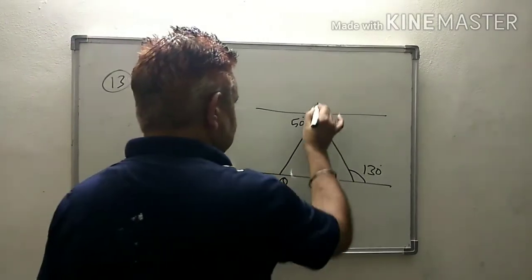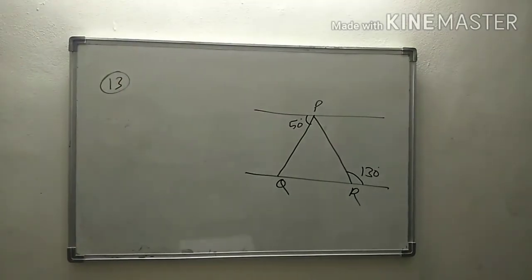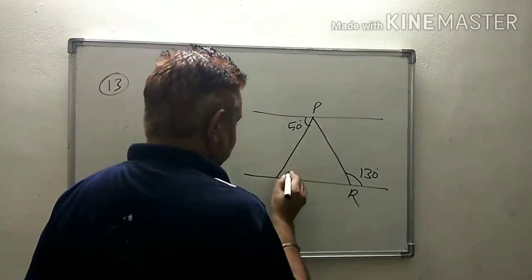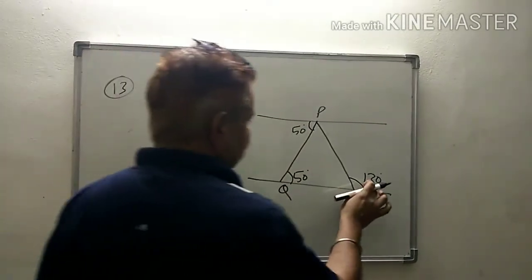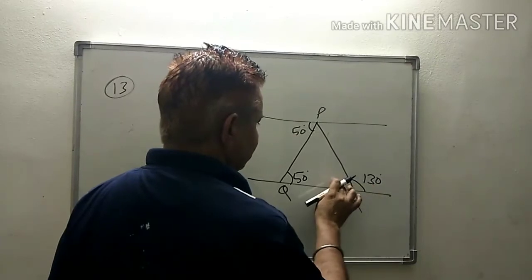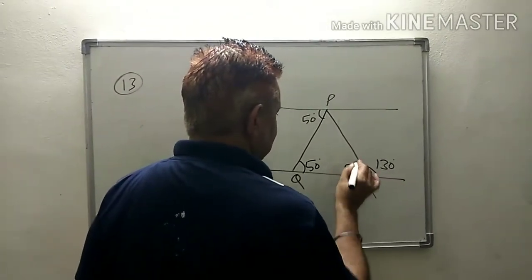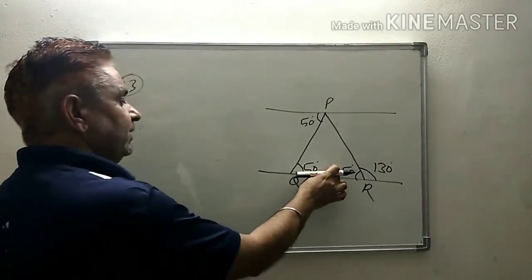This is Q, this is P, and this is R. This is 50, this is also 50, alternate angles, right? 130, this and this angle are a linear pair. This is also 50 because 180 minus 130 is 50 degrees.